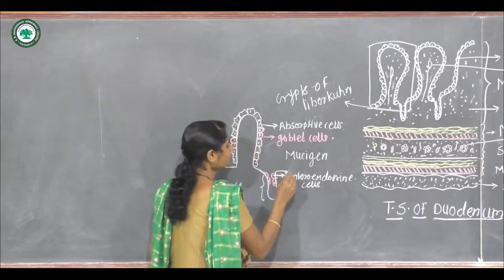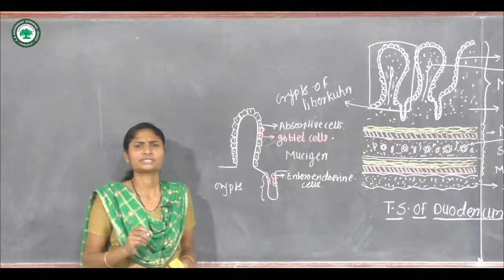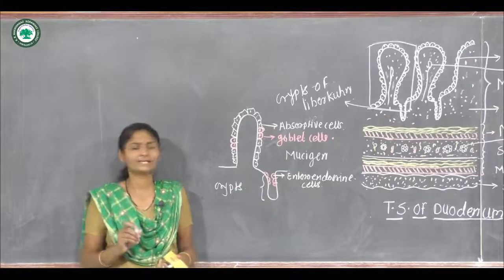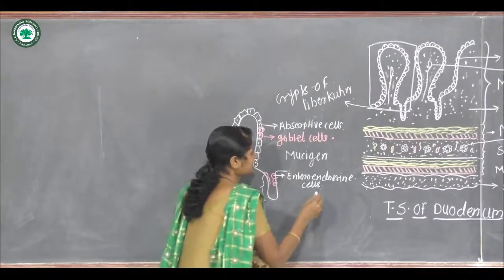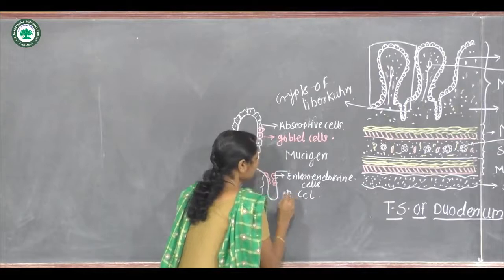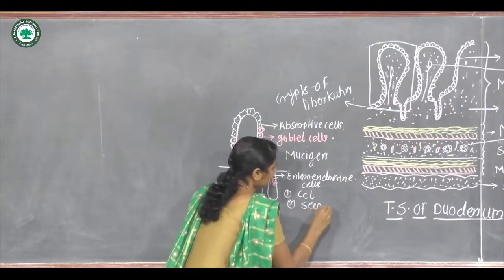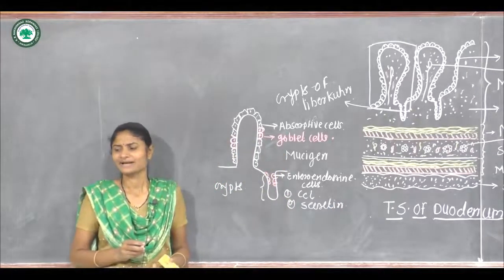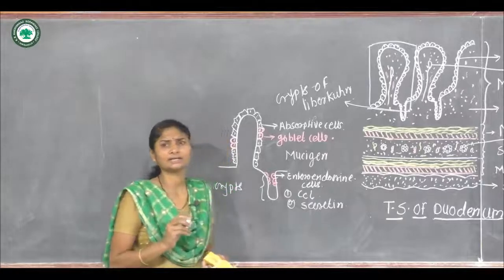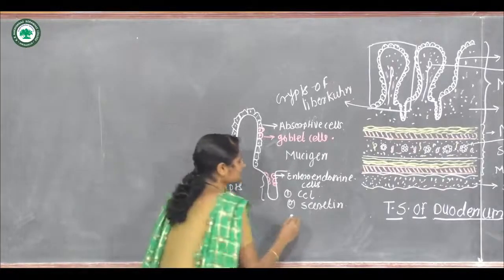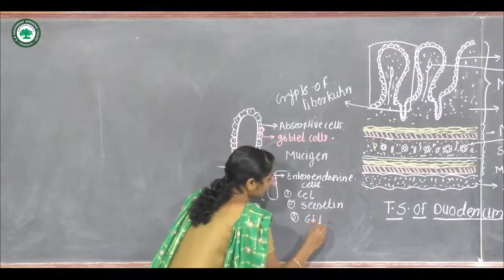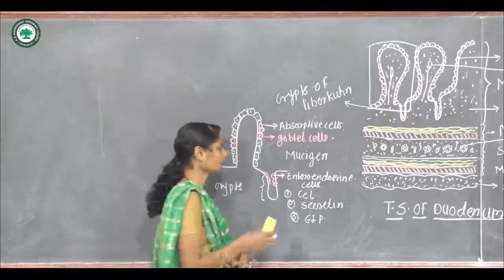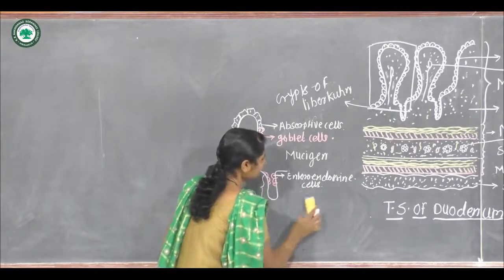These enteroendocrine cells secrete important hormones such as cholecystokinin, also called CCK. Second, secretin hormone is secreted by the enteroendocrine cells, and gastric inhibitory peptide, that is GIP, is also secreted by the enteroendocrine cells.